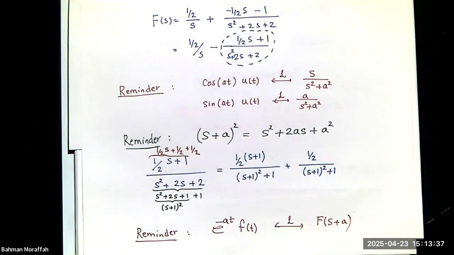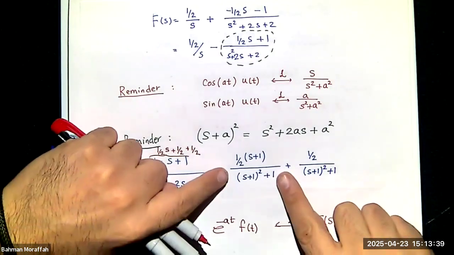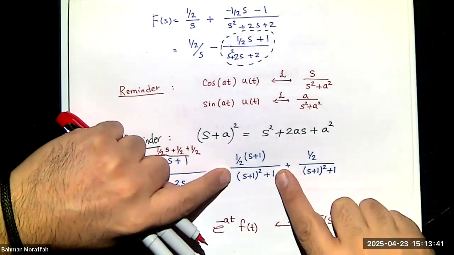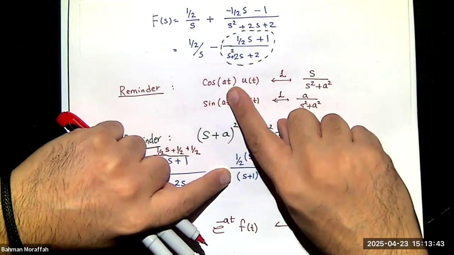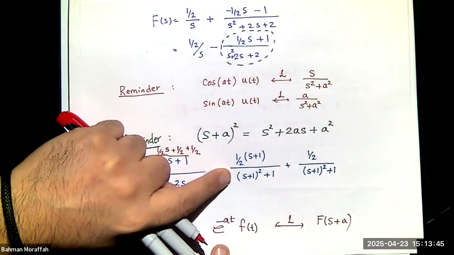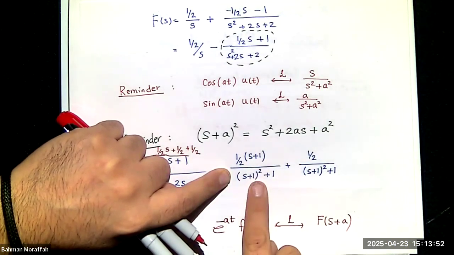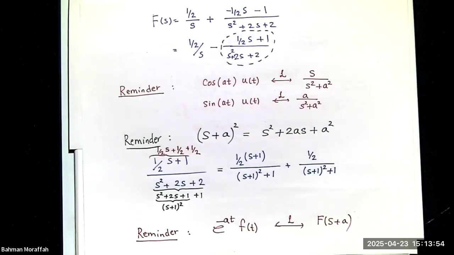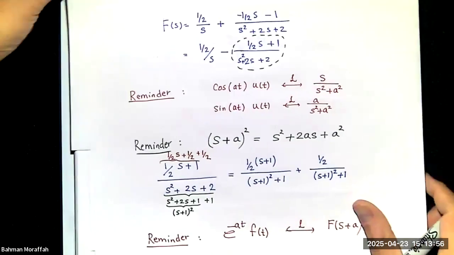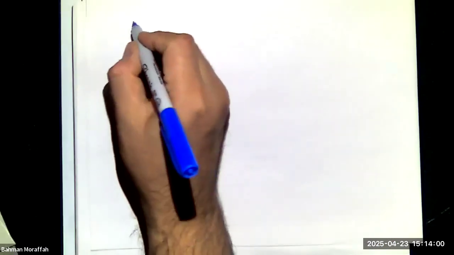Now we're done. Why? Because this is shifted by 1. So it's a cosine that is shifted by 1. So I have to multiply this by e to the power of minus t. A over here is 1. Right? So if I want to find f of t, I'm going to write F of s one more time.